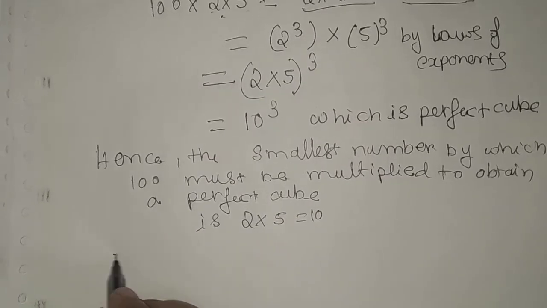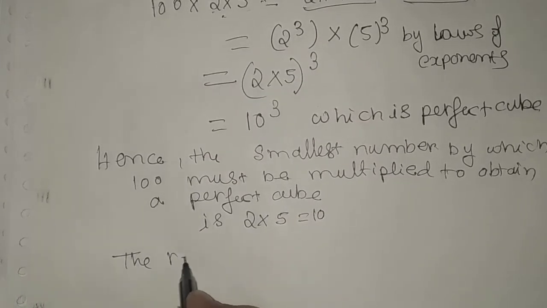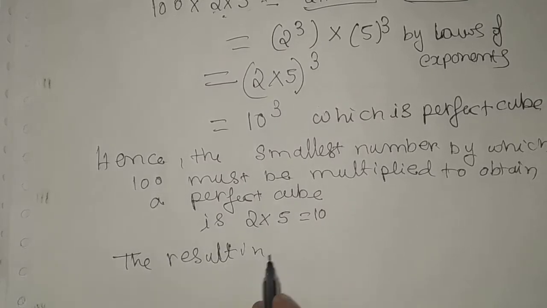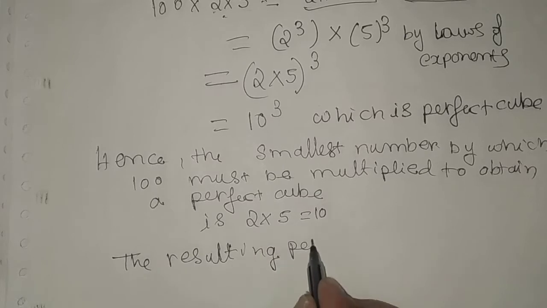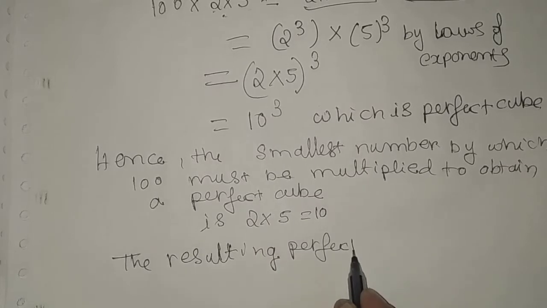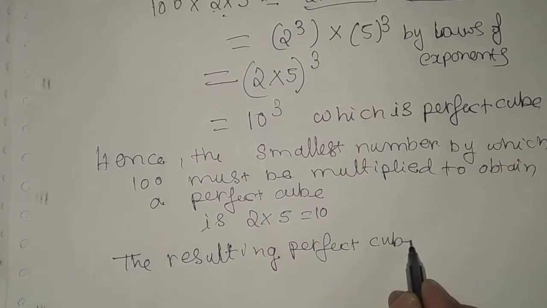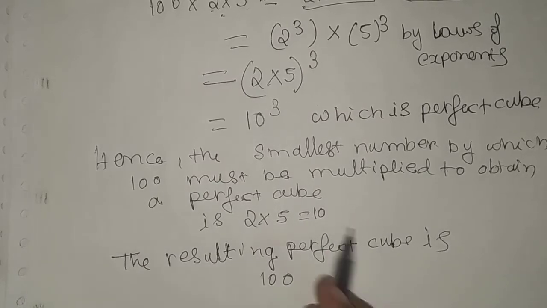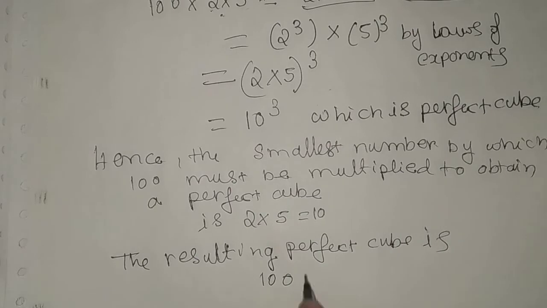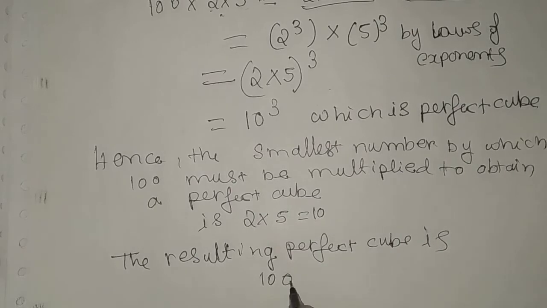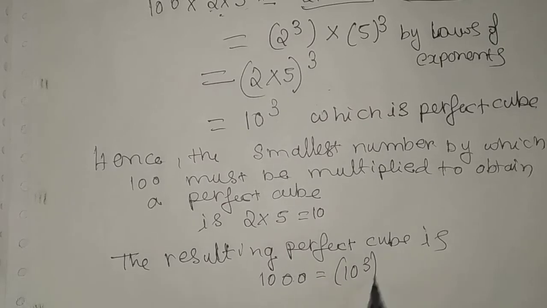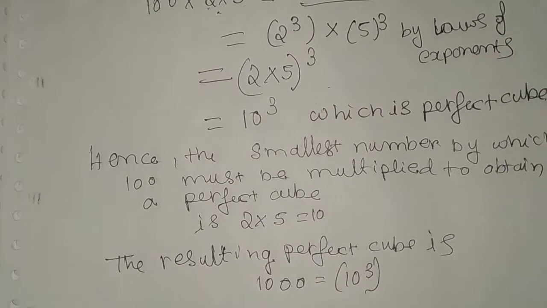The resulting perfect cube is 100 into 10, which is 1000. So the resulting perfect cube is 1000, which is equal to 10 cube. This is the solution for this problem.